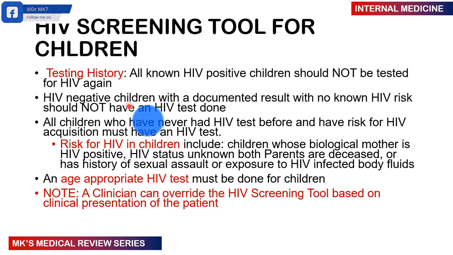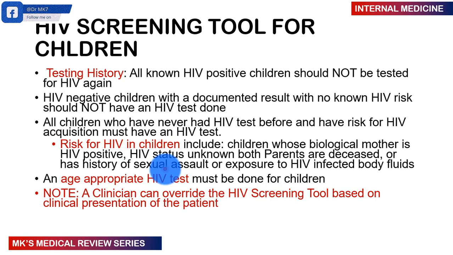So it could be risks like, for example, the biological mother is positive and they're breastfeeding perhaps, or it could be that the HIV status of both the parents are unknown or the parents are deceased, or it could be as a result of sexual assault, even exposure to HIV-infected body fluids. Then you should test these children. Then, of course, there is an age-appropriate test that is given to the children.